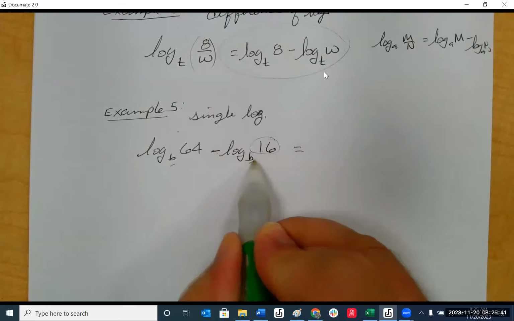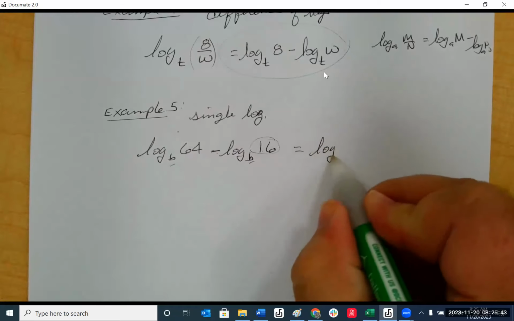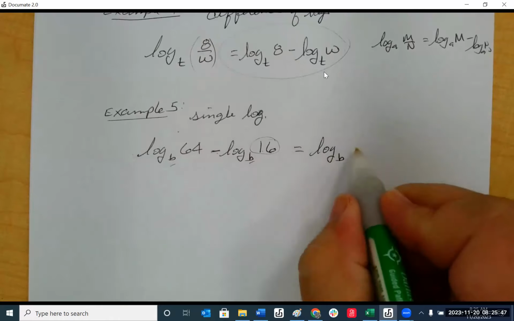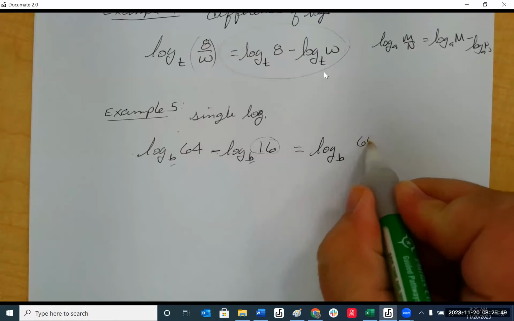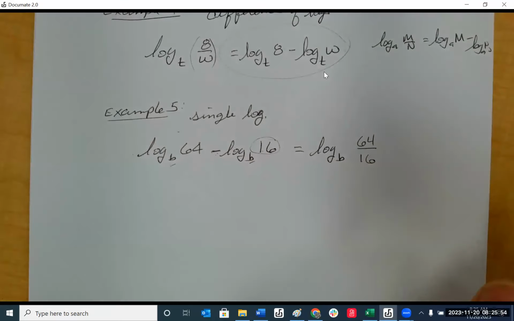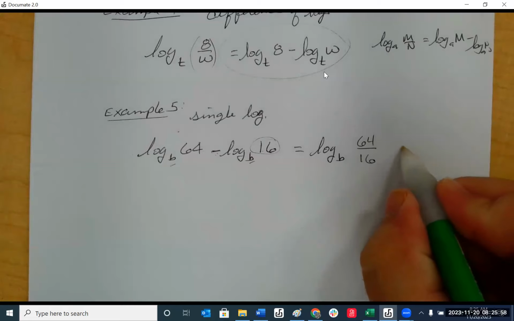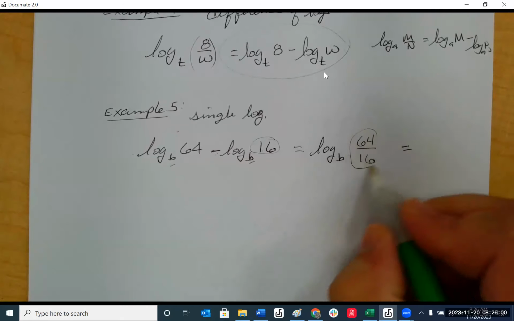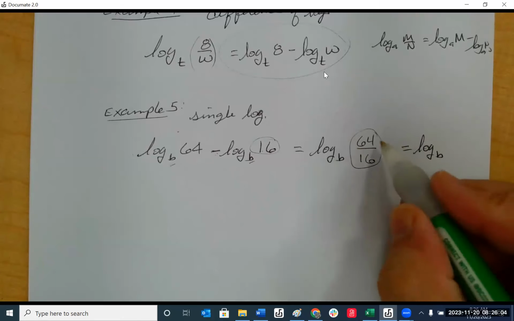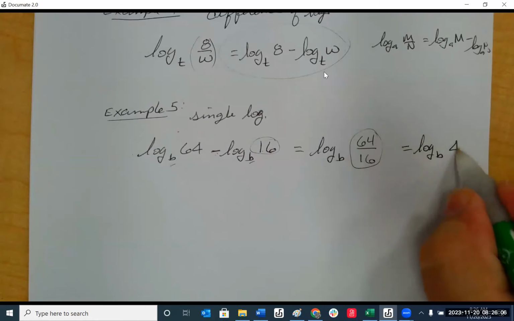And they're both log base b. Since they have opposite signs, the positive one goes on top and the negative one goes on the bottom. And we can go a little bit further with this. 64 divided by 16 is 4.